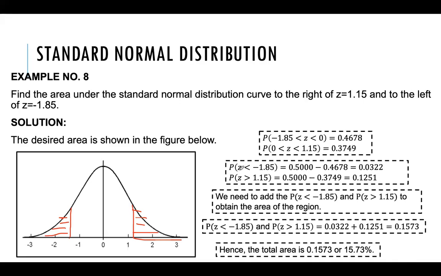The probability of the area to the left of the z value of negative 1.85: the table gives 0.4678, so we need to subtract it from 0.5000 because they are on opposite sides.